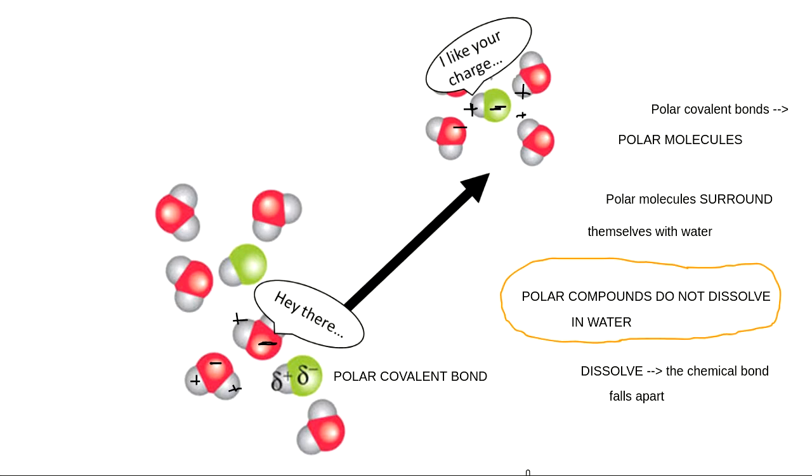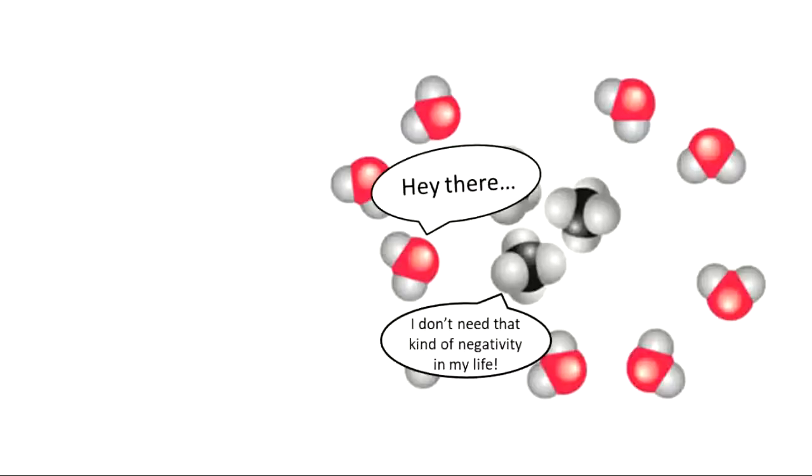When we talk about things that do not have dipoles, they share their electrons equally. So equal sharing bonds, what were those called? An equal sharing bond.